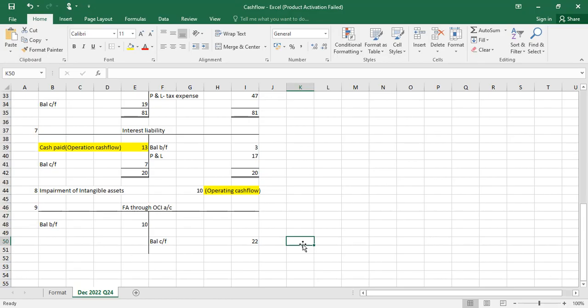And what IAS 40 requires is that at every end of year, you revalue them, in which case you have to adjust their book values to what we call their fair or market values.